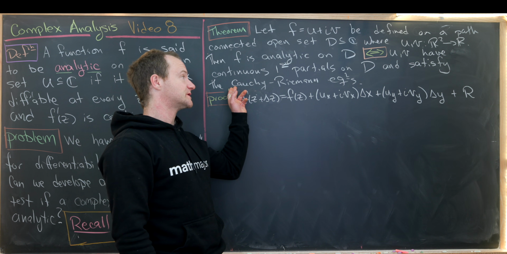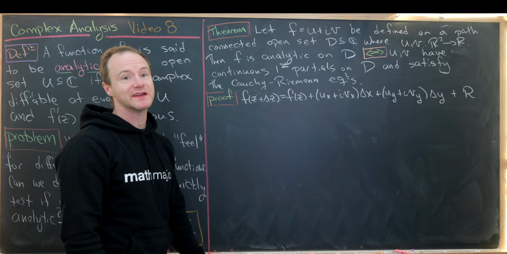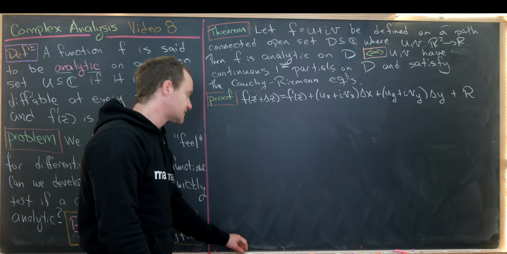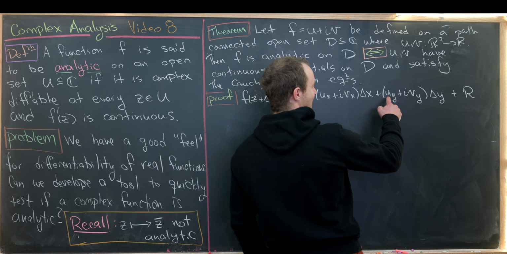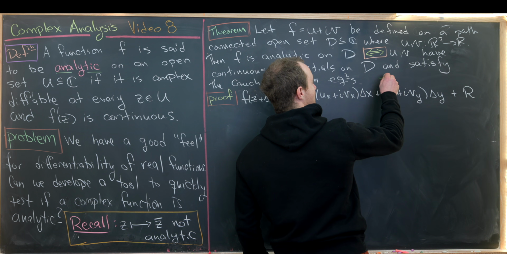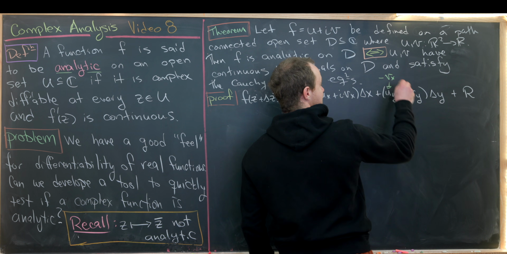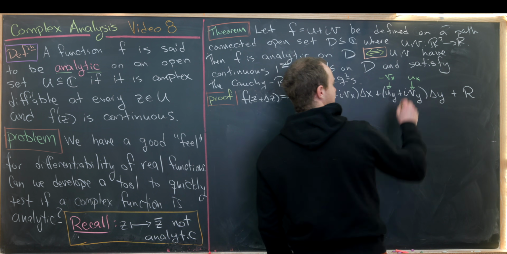Again, we haven't used the fact that these satisfy the Cauchy-Riemann equations, so that's something we want to do. Since these satisfy the Cauchy-Riemann equations, I can replace this uy with minus vx, and I can replace this vy with ux.